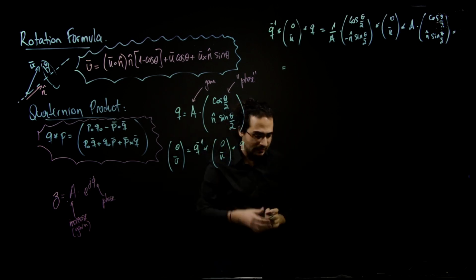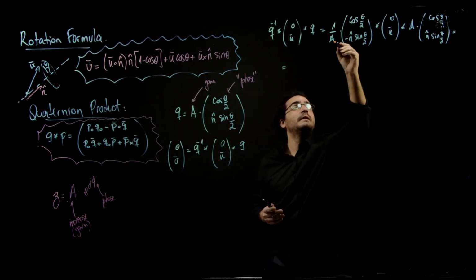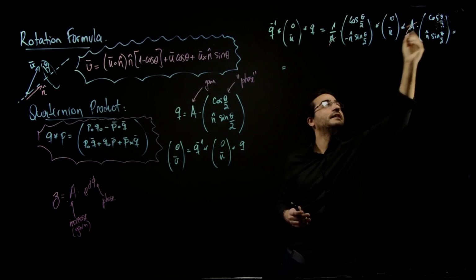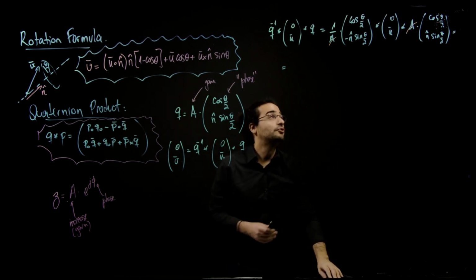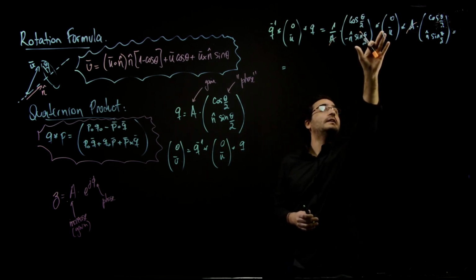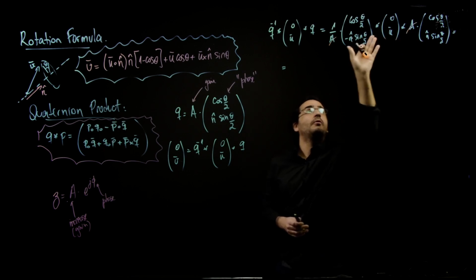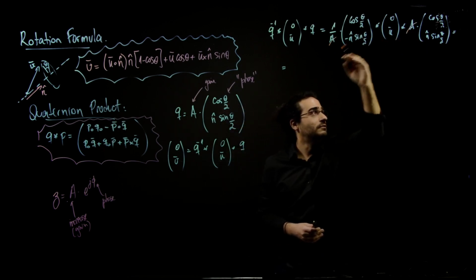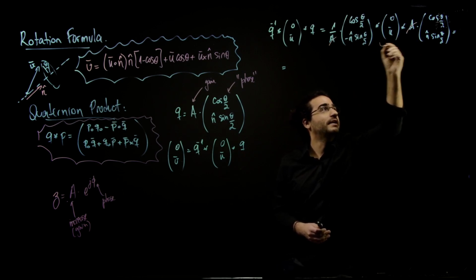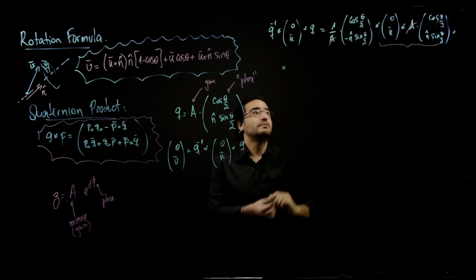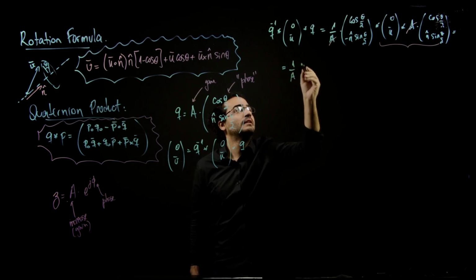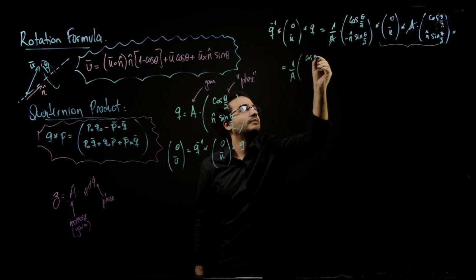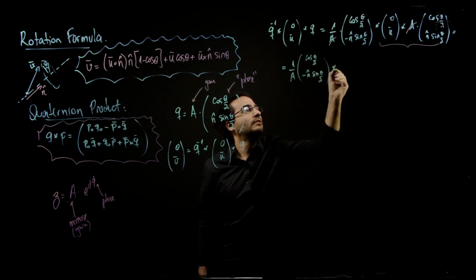So if we work this a little bit, you can see that this a will cancel with this a over here. And now we need to choose a product to do. Quaternion product is associative, so we can choose to start either here or here. I will start perhaps over here. So this will give us 1 over a times cosine of theta over 2 minus n sine of theta over 2, quaternion product.